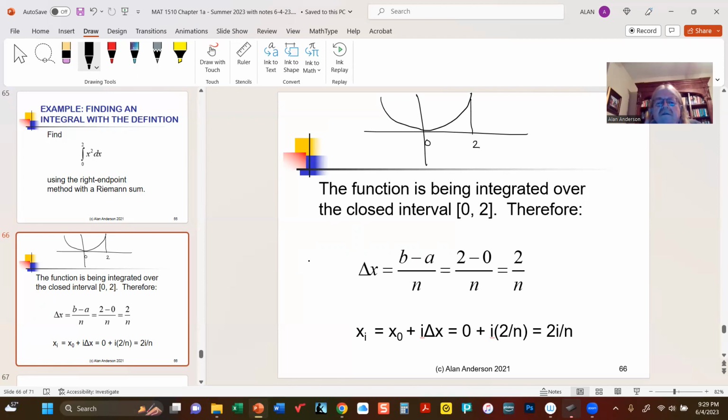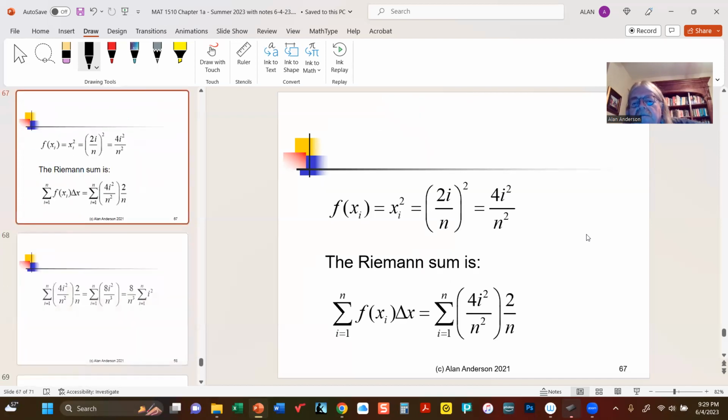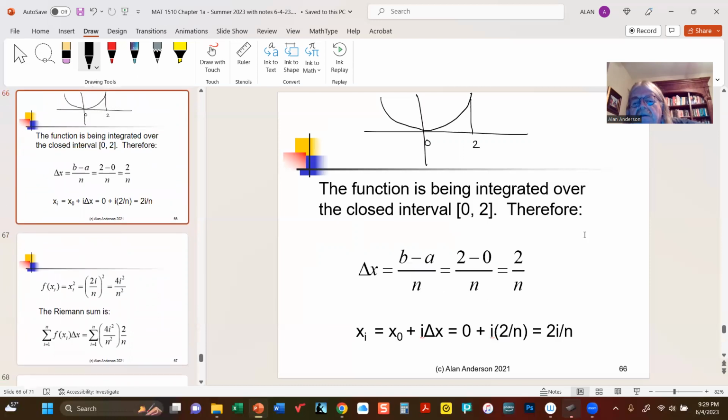Delta x is 2 over n, where n is the number of rectangles that we're defining. Therefore, no matter where we are, each xi, as we saw earlier, is equal to 2i over n.